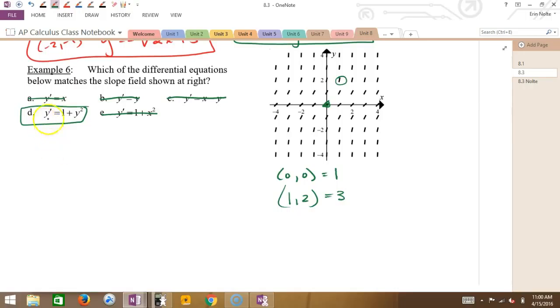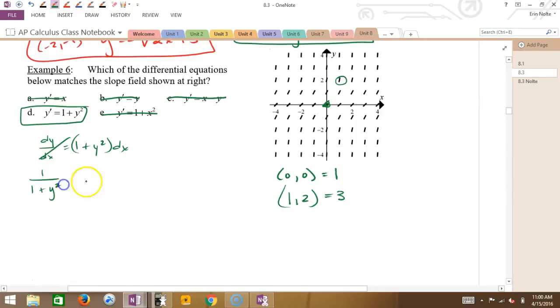Let's see. Creative writing. Oh. Sorry, I didn't read like 5 words. You can't just integrate this straight.